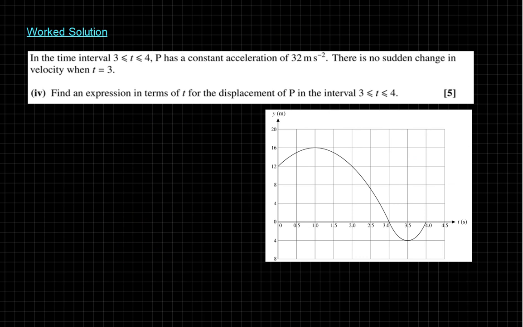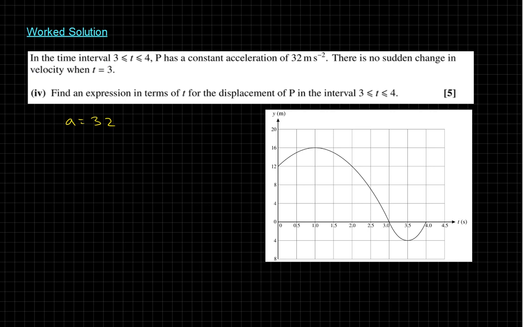Okay, and then the last one, in the time interval from 3 to 4, so we're looking in this time interval, it has a constant acceleration of 32. Let me write that down. And there is no sudden change in velocity when t equals 3. Okay, so this part here, there is no sudden change in velocity when t equals 3.